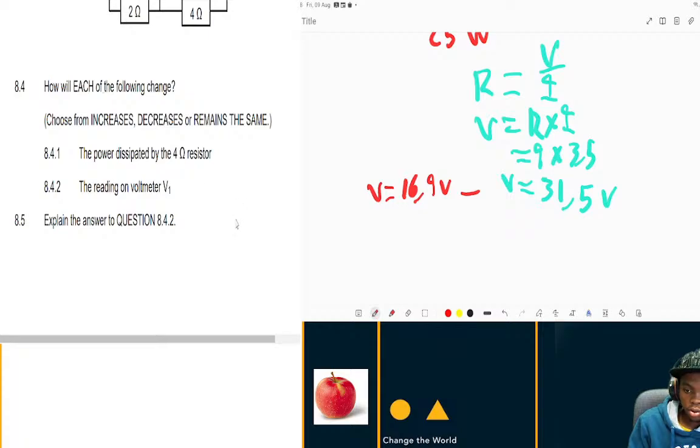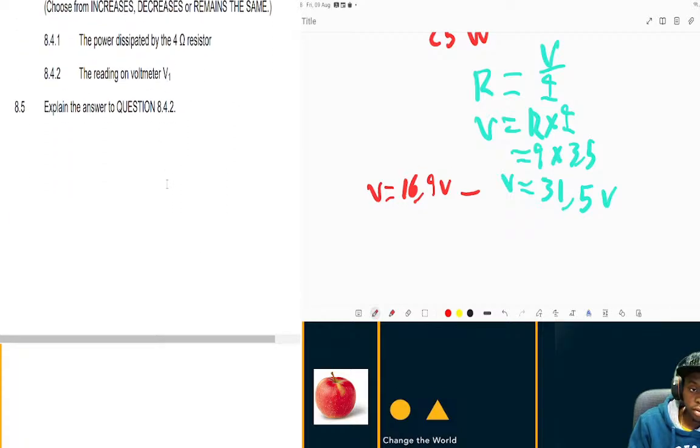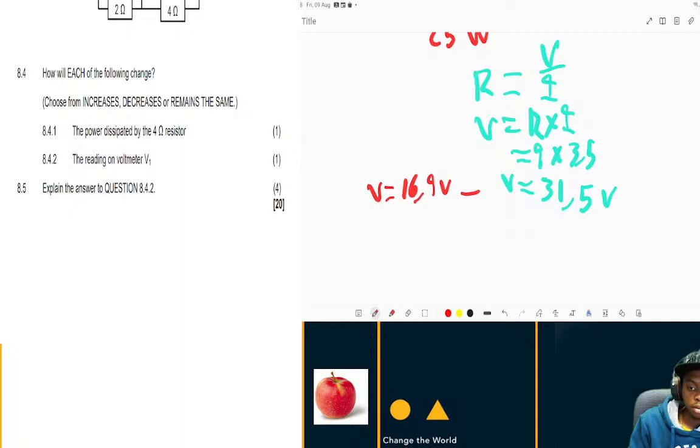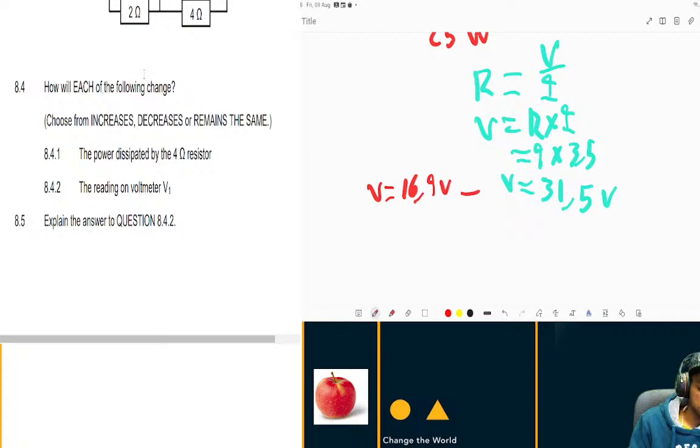So this is 4 marks, so that means 4 bullets at least.